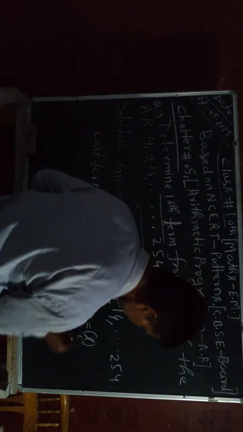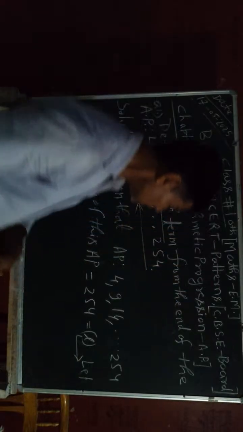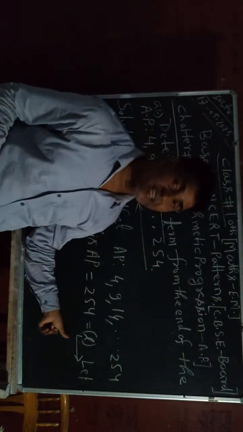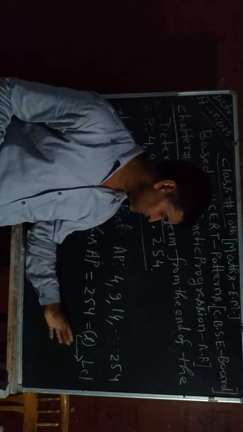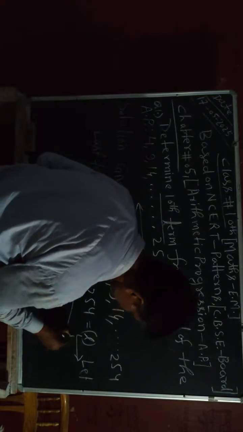Okay, student, we have to assume. Here I am assuming, I am going to let it. So the last term is denoted by small l, and its value will be 254. It means that 254 value I am going to assign in here.